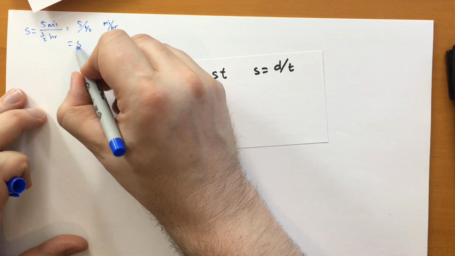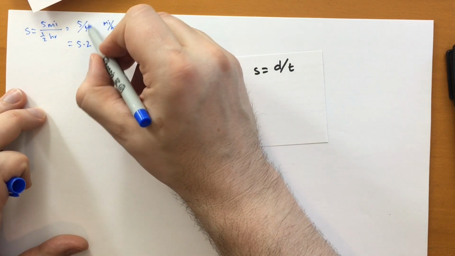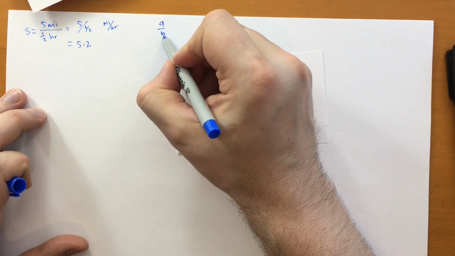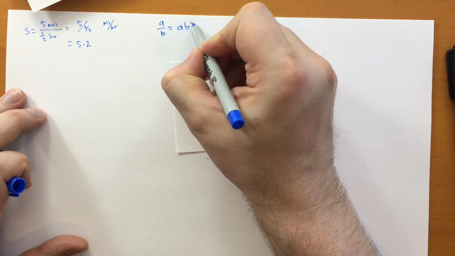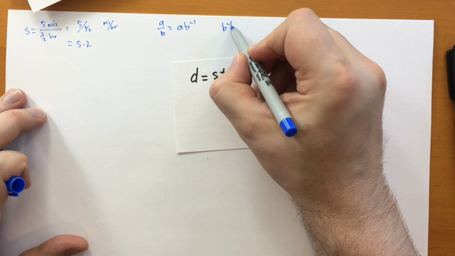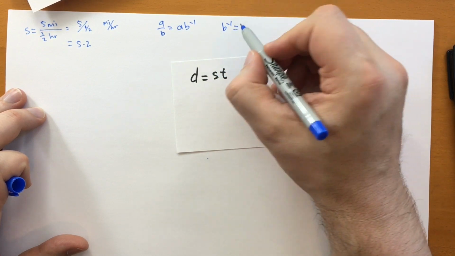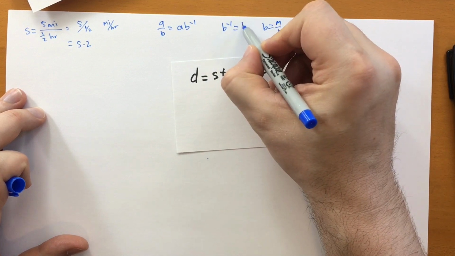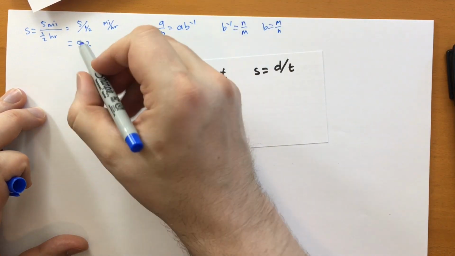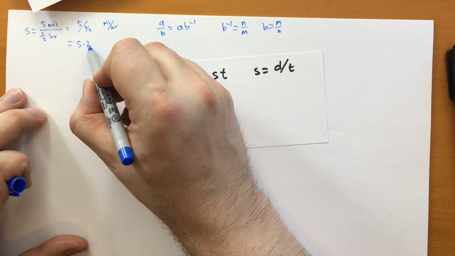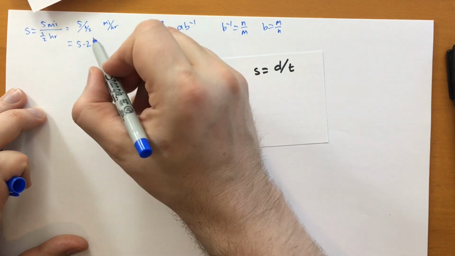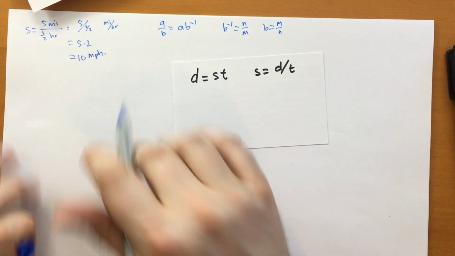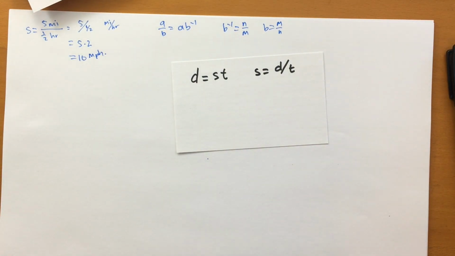That is going to be 5 times 2, because if we have A over B, that's the same as A times B to the minus 1, and if B equals M over N, then B to the minus 1 is N over M. In this case, the 2 comes from the 1/2 being flipped upside down. So we have 10 miles per hour. That's the speed for 5 miles in 1/2 of an hour.